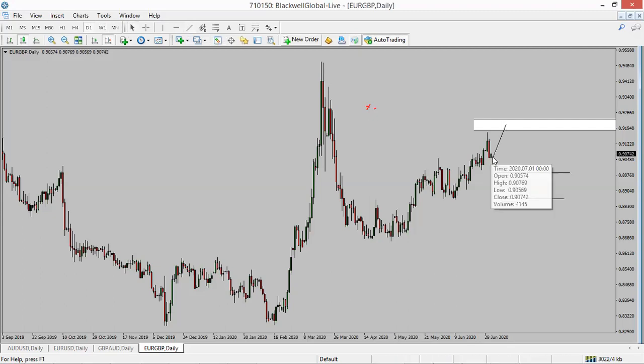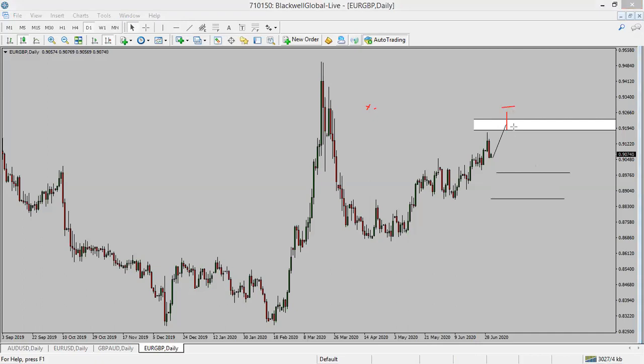Hopefully it pushes up by tomorrow or whenever it pushes up, for me to get a good R&R. Hopefully if it gets here, I'd like to see how price reacts. My profit target is around 0.89750, thereabouts.